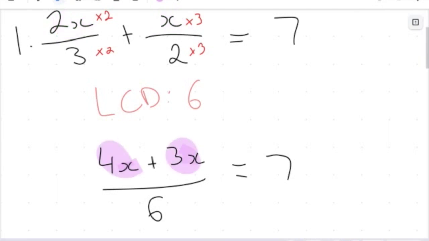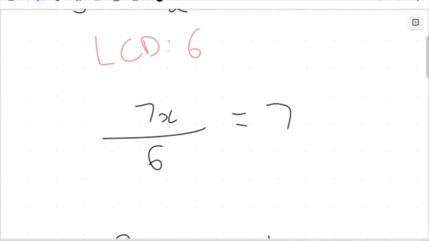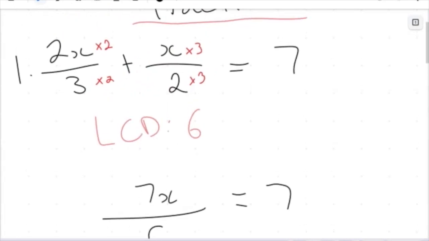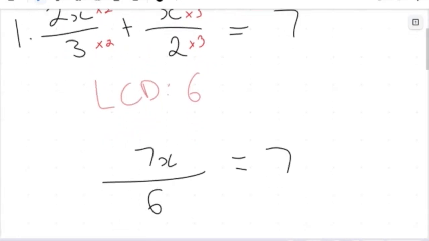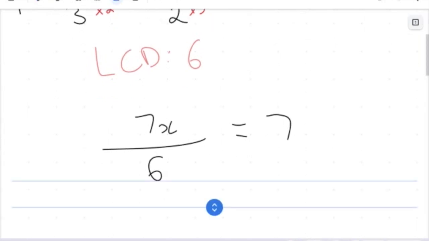So we can add 4x and 3x. That's going to give us 7x on the numerator here. And we have an equation that looks like the ones we did back in year 7 and year 8. Once we add the two algebraic fractions and consolidate them into one, it becomes a lot easier. It becomes a question we're quite familiar with.